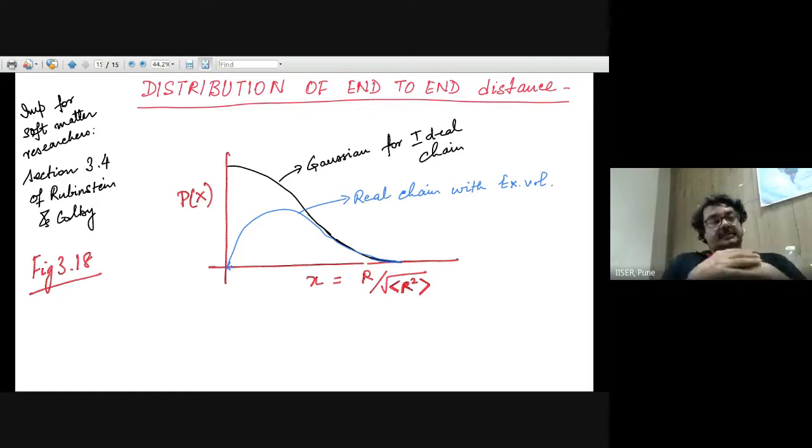All of this can be measured by scattering experiments, or even dynamic light scattering experiments, to get an estimate of the size of the polymer chain. If you have a larger n, you can look up the scaling laws and check out what works. Okay, so this is basically the lecture which should have been posted last week, and next we will talk about Flory-Huggins theory in the next class.